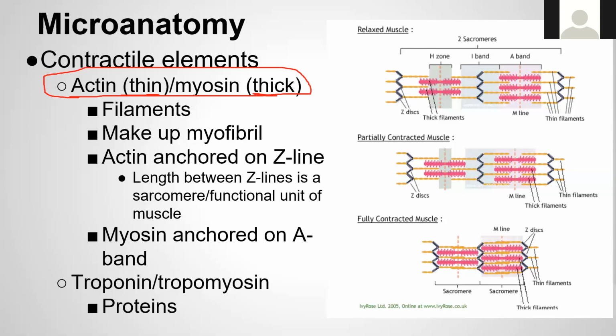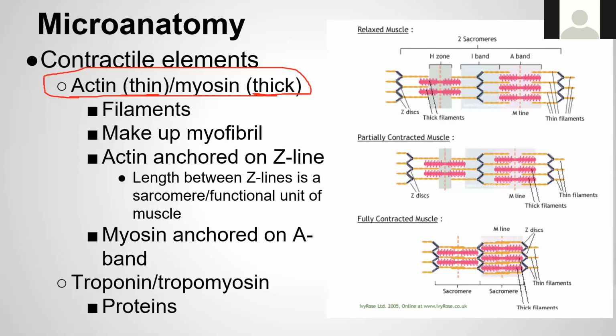We also have, which is not pictured here, titin. Titin's a giant protein that we have, and by giant protein meaning that it's about 1 micron or 1 micrometer in diameter. To give you some reference, a regular human hair is about 20 to 200 microns or micrometers in diameter. So still pretty big if you really think about it.